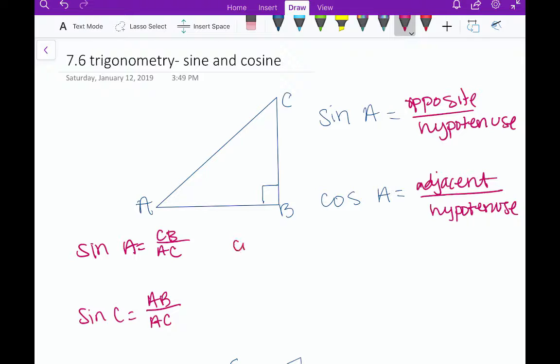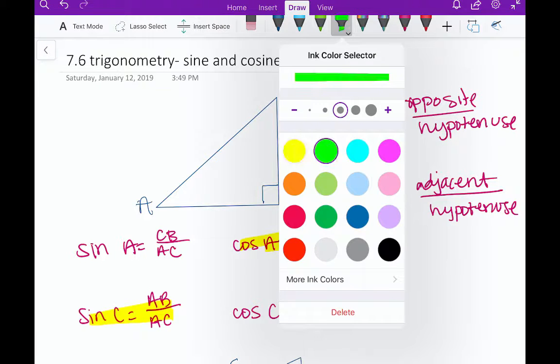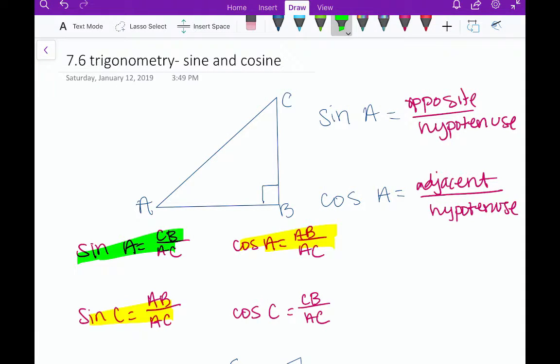The cosine of angle A is equal to AB over AC, and the cosine of angle C is equal to CB over AC. So if you notice here, the cosine of A is the same as the sine of C. Likewise, the sine of A is the same as the cosine of C.